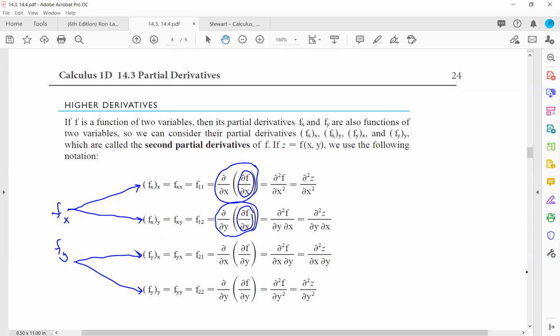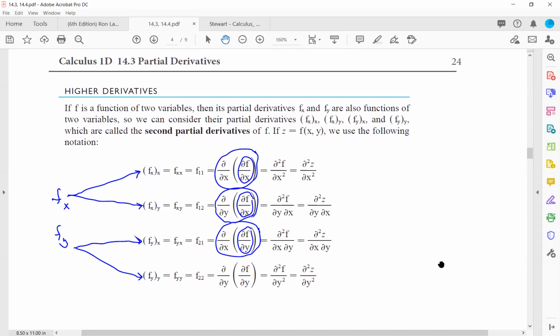Here you have the partial derivative of f with respect to y, then you take the partial derivative of f of y with respect to x. And the last one, we take the partial derivative of f with respect to y, which is the inside function, and we apply the derivative operator with respect to y to the partial derivative of f with respect to y.